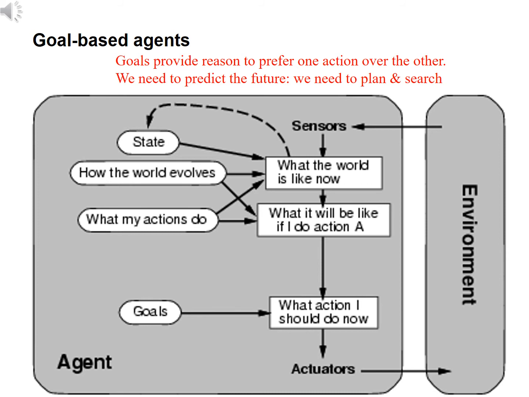So this is considering the future. Now, we can combine the goal-based agent with reflex agents and with model-based agents, and we can combine these architectures to have more complex and more sophisticated behavior of the agents.